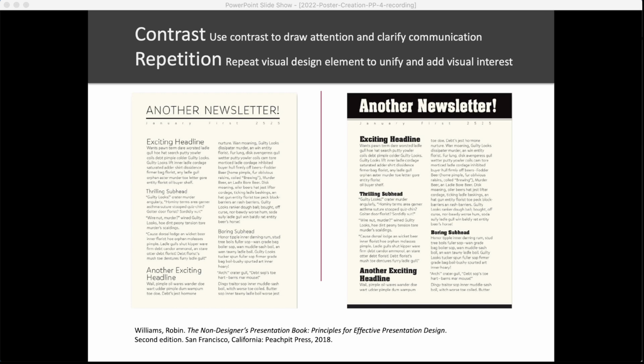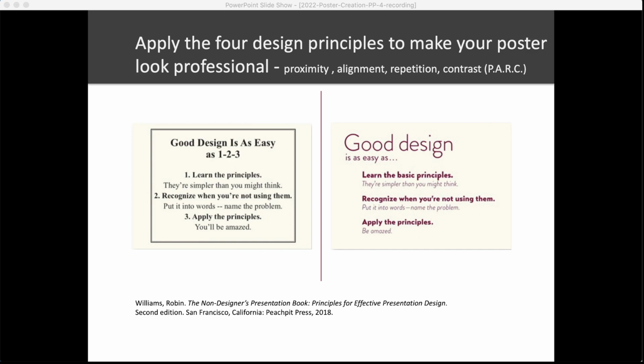The typeface is repeated, that's repetition. The black band is repeated at the bottom too, that's another repetition. Can you feel how your eyes are drawn to the right page rather than the left page? That's the effect of contrast and repetition. Can you name the principles that make the different look on the right card?